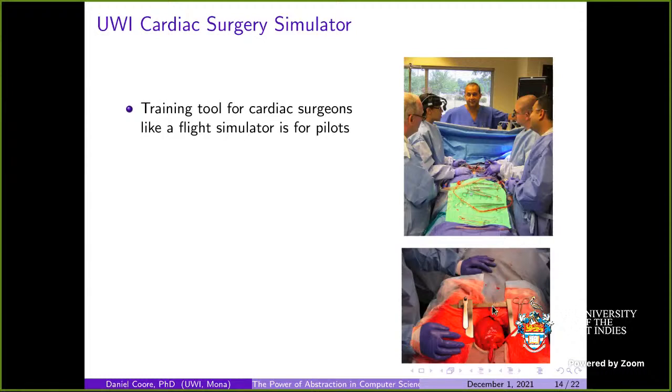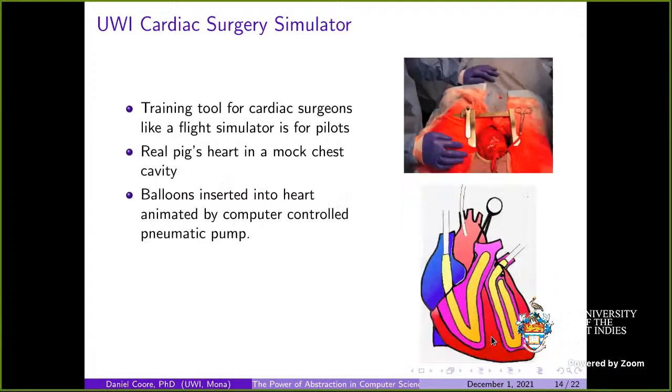So this is kind of a blow up. You can see here that this is the heart inside the pericardium. This is what it looks like up close. That heart is a pig's heart, and it's a real pig's heart, so it's real tissue, but it's placed in a mock chest cavity. And in fact, that was what was different about it at the time.